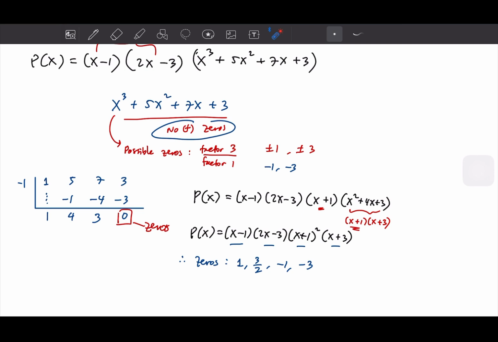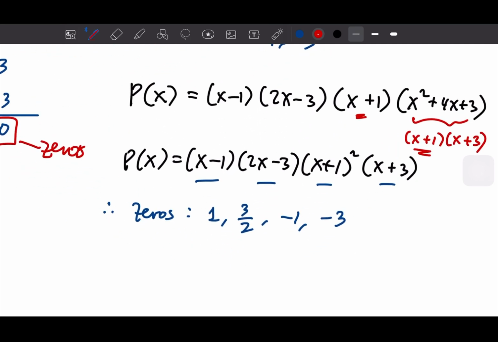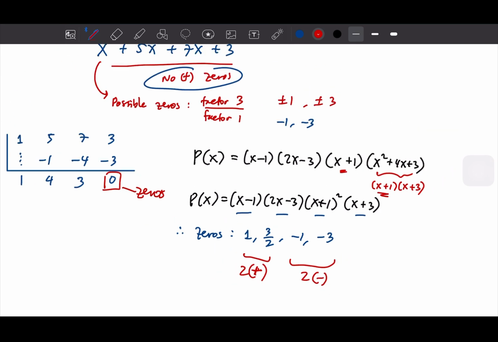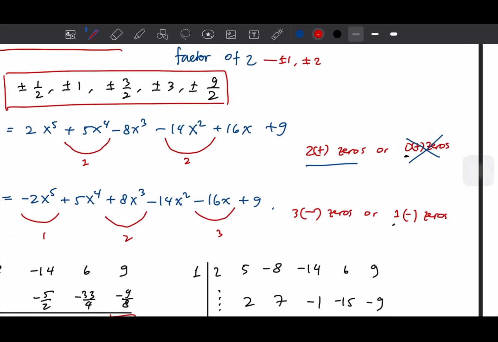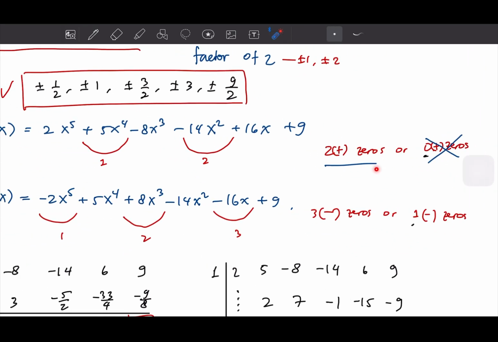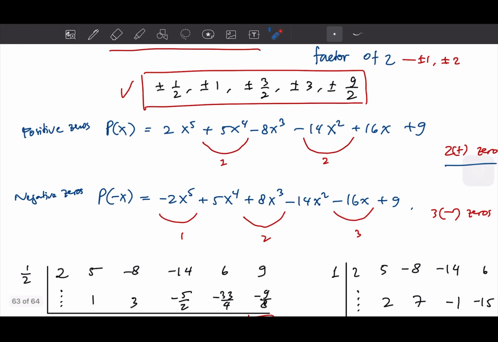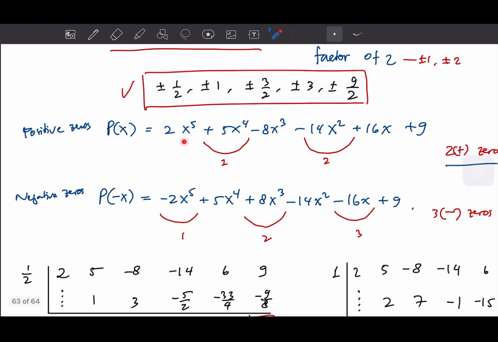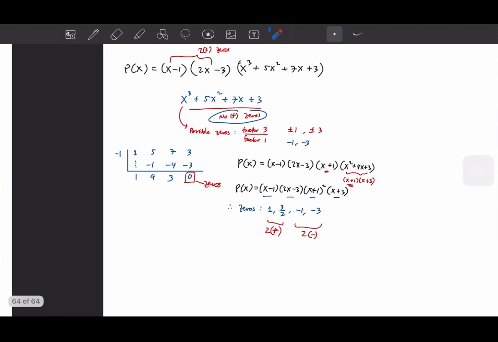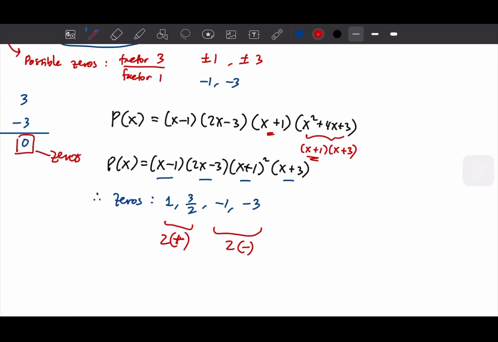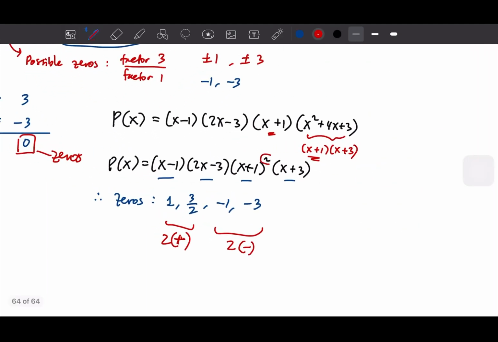But this is a little bit weird if you just see the result. The result is it has two positive zeros, right, and two negative. What is our Descartes rule at the beginning? We have two and we have three, and this two and three is perfectly aligned with the conclusion that this is a fifth degree. But remember that we actually have three because we have this two.